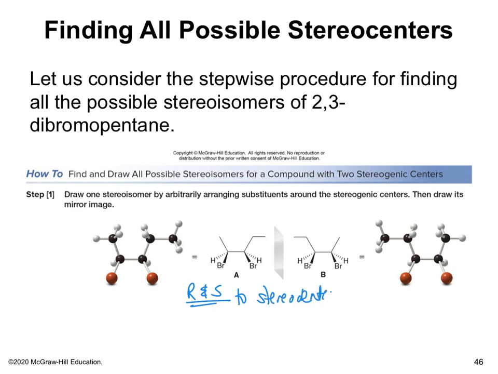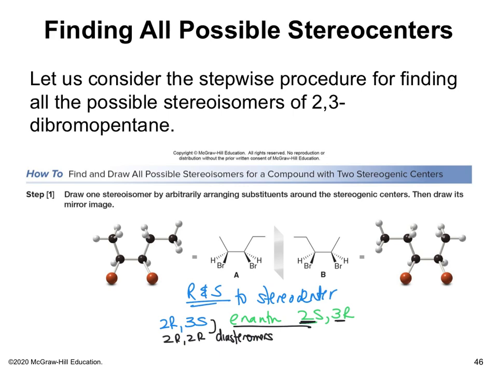So if you have a 2R and a 3S, then the enantiomer would be 2S and 3R. And the numbers are the carbons at which you're assigning your stereocenters. These are enantiomers of each other. If you have a compound that becomes 2R and 2R, well, what are these related to each other? These are diastereomers.